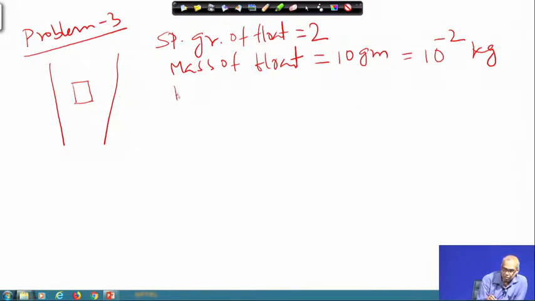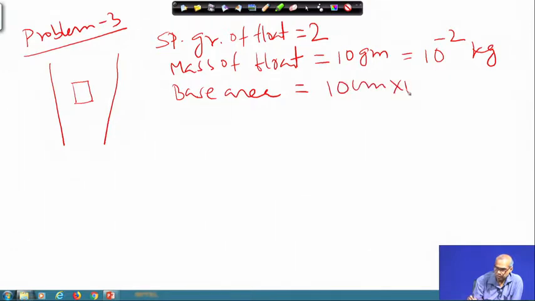Base area of the float is also given as, let us say, 10 centimeter by 10 centimeter, which is 1 into 10 to the power minus 2 meter square.